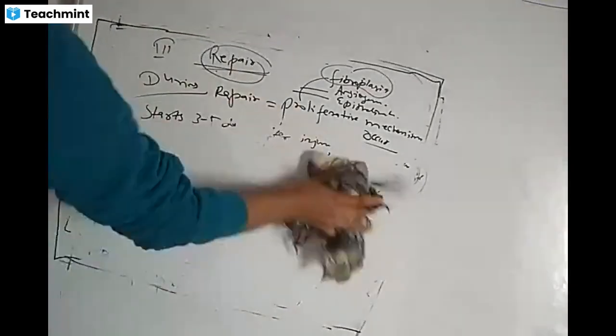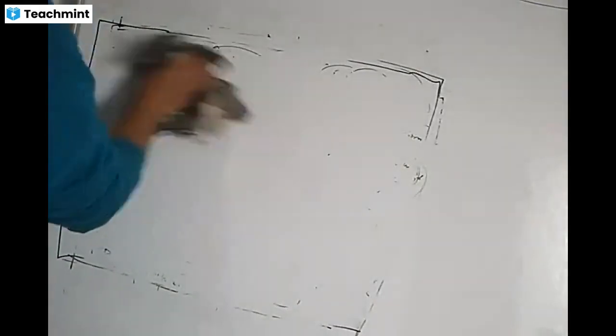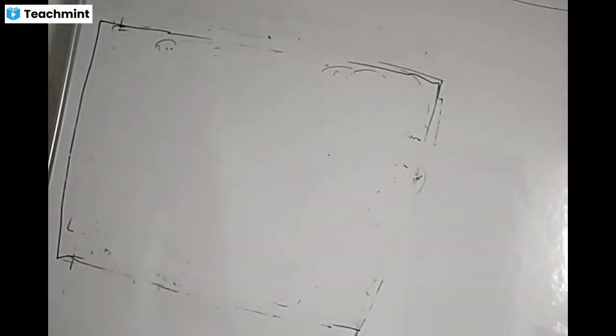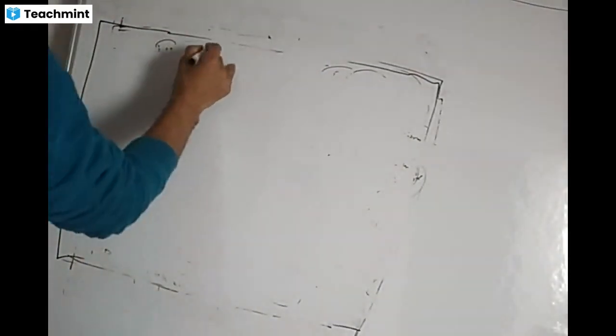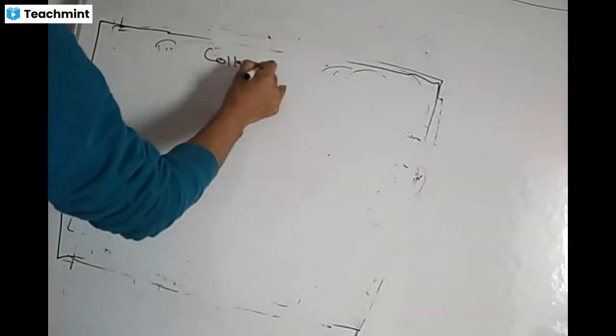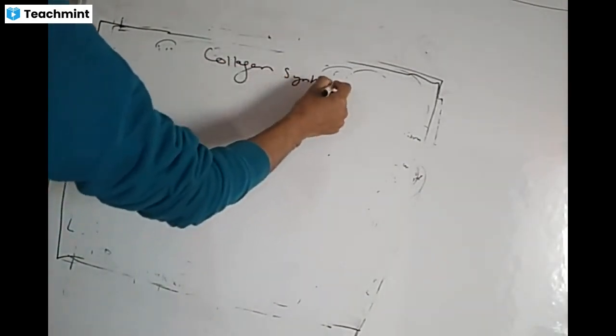So in collagen synthesis phase, this collagen is produced by the fibroblast cells. So if we know the stimuli for the fibroblast cell, then we can easily understand this collagen synthesis phase.